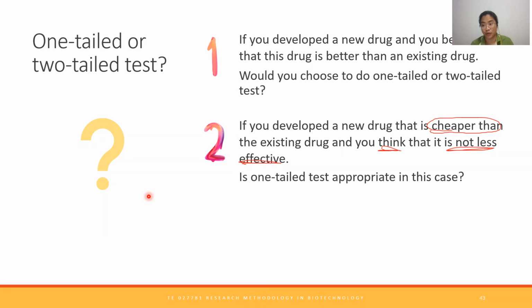What do you want to test in this one? When you say it's not less effective, what does it mean? And is it enough to do one tail test?